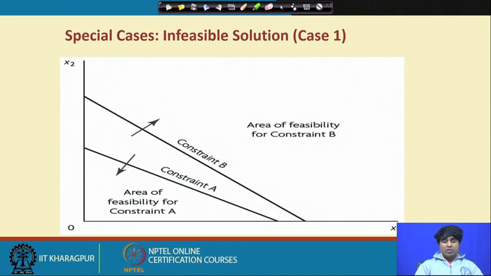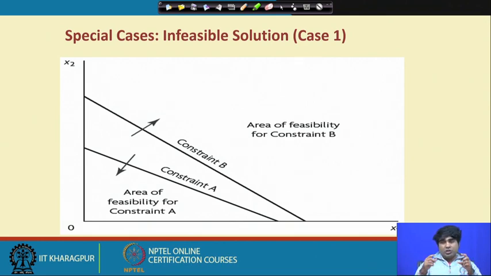So, the first special case is the infeasible solution. Typically, the objective function may not give you the optimum solution as per the particular business requirement or management requirement. It may be a situation where the objective function may be of maximization type or minimization type, but the constraints are not consistent.